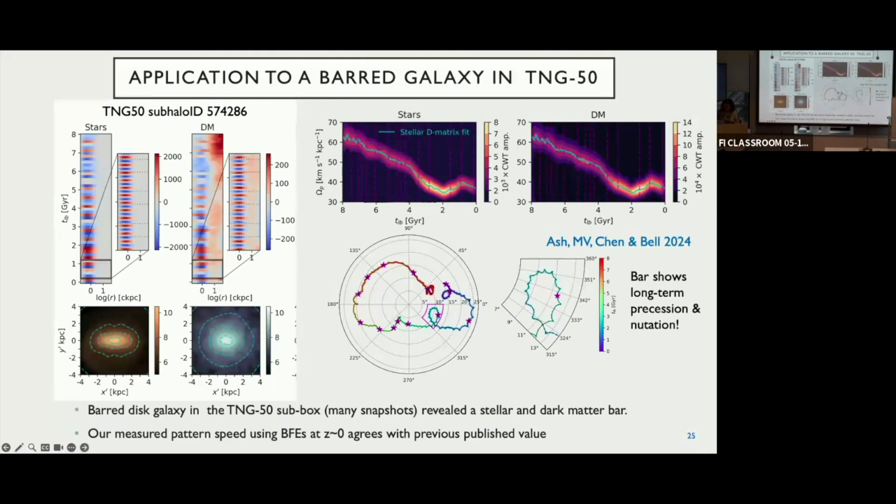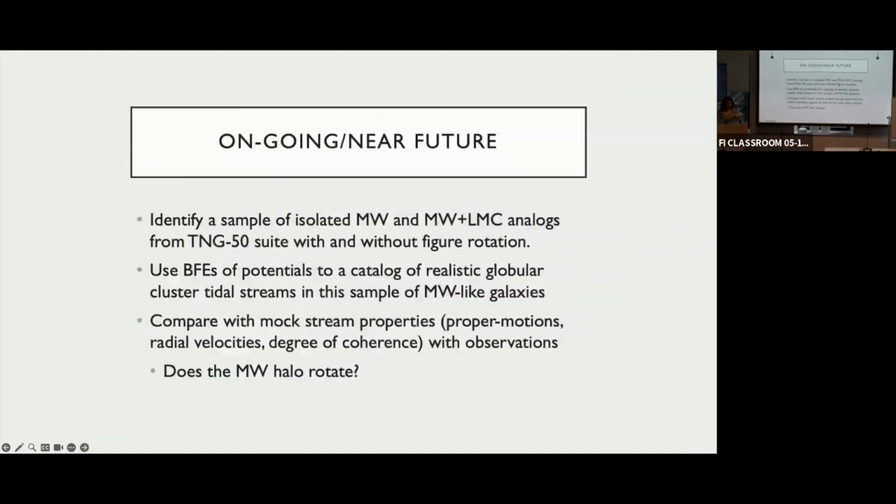Yay for basis function expansions. All right, so going on to the near future, which is better because I have only 10 minutes. We're identifying a sample of TNG50 halos. We're using these basis function expansions to calculate potentials, and then generating mock tidal streams in them to get a sense of what all the observable properties of isolated halos and halos with LMCs are.